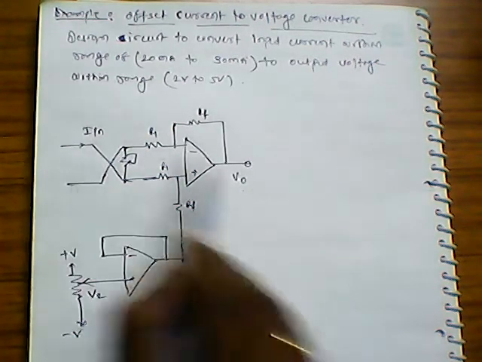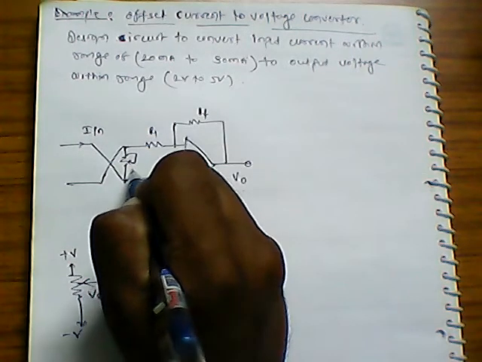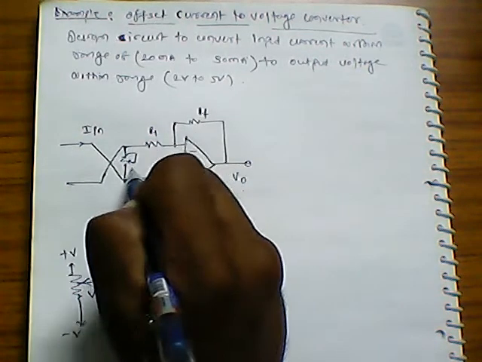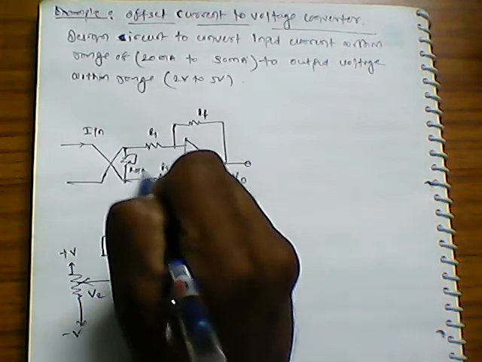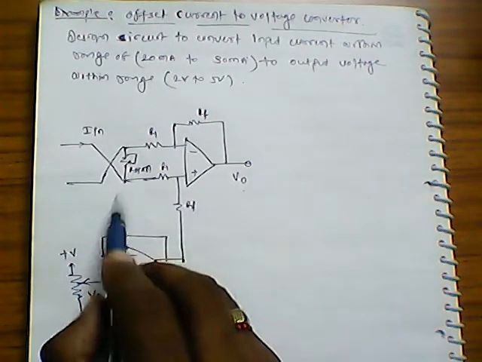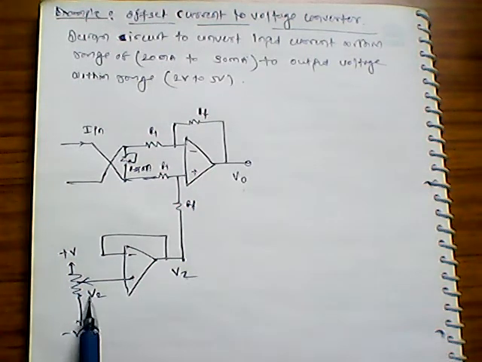So this is current to voltage converter, but this is called as an offset current to voltage converter. This is R span. In the design problem we have to calculate this R span and this Vz voltage or this reference voltage. This is the problem.